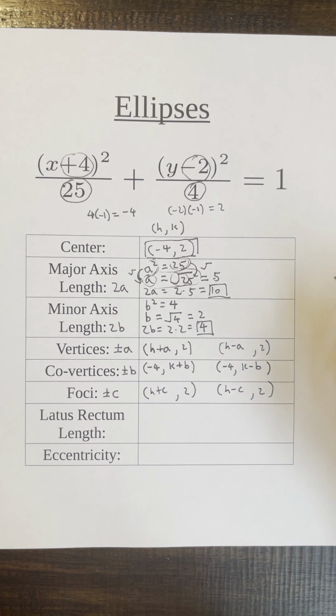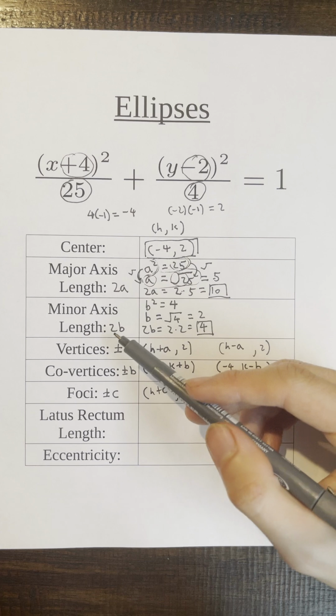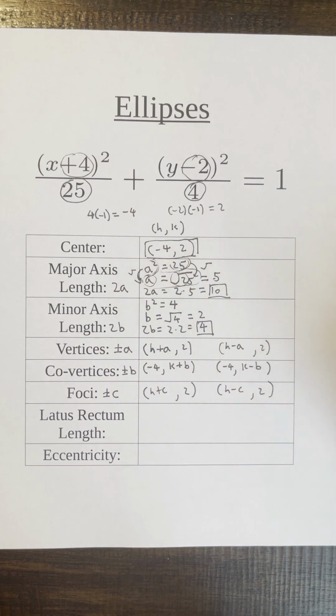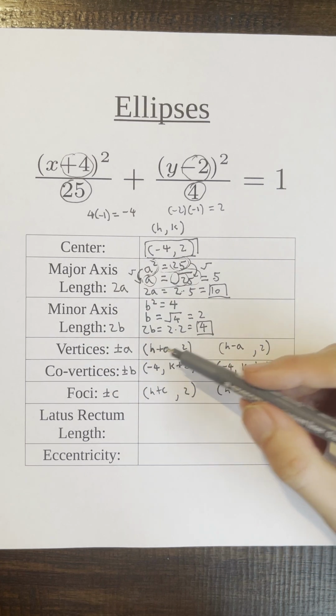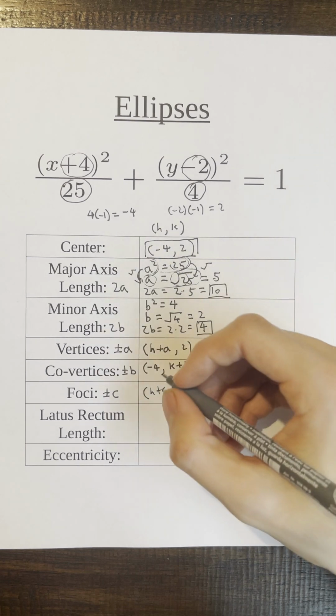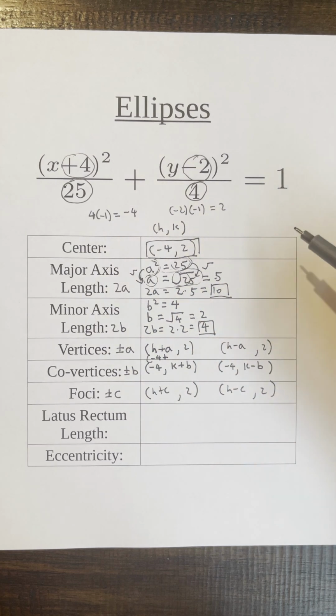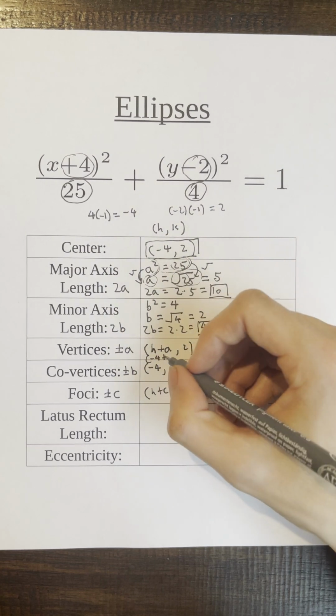Okay, let's go ahead and plug in h and a in order to get the vertices. So h is how much again? h is -4. What about a? Okay, so a is 5.